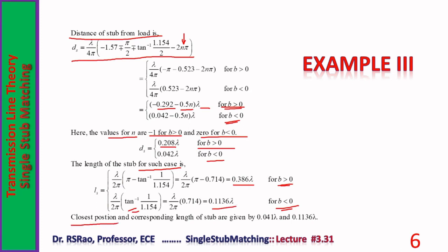The closest position of the stub and its corresponding length are 0.041 lambda and 0.1136 lambda. Out of these two, the smallest is the lower one, 0.042 or 0.041, and it corresponds to B less than 0. For B less than 0, of course, the length is 0.1136.